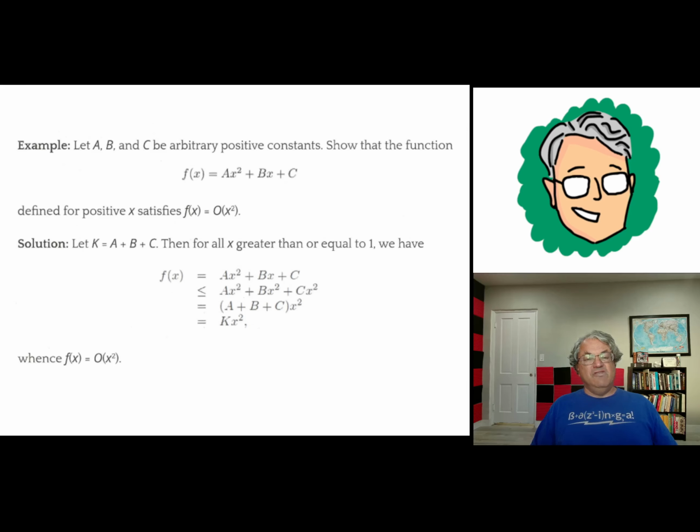And in general, if f of x is a polynomial of degree n, then it turns out that f of x is big O of x to the n. You probably learned this when you were learning about polynomials in high school. Polynomials grow faster the bigger their degree. I think you guys know that.